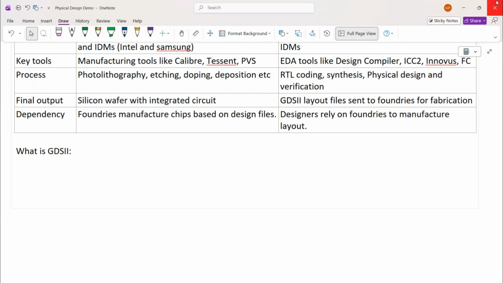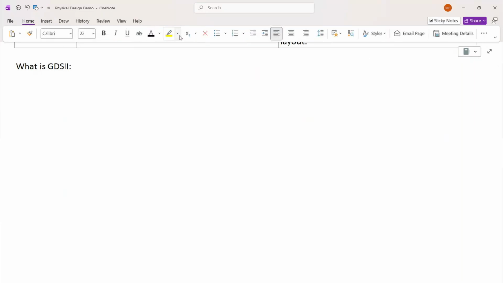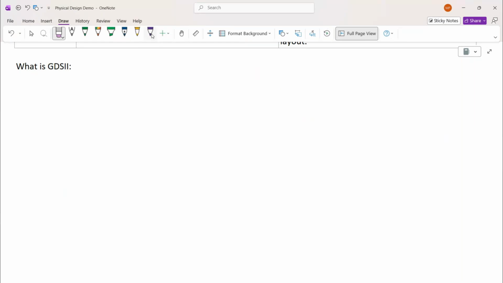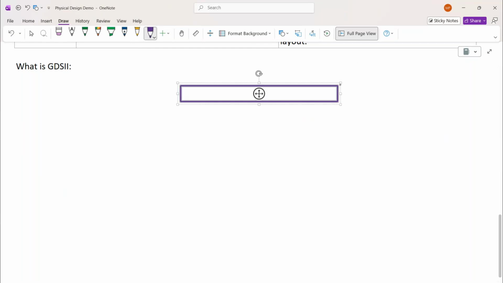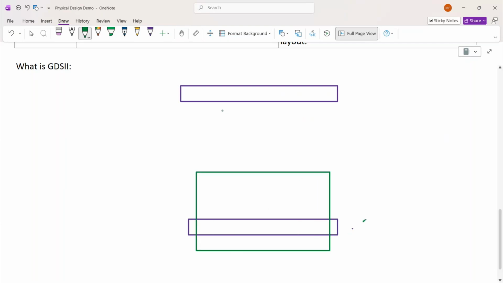In our CMOS, we created this structure like this. This is VDD, this will be my VSS, and we used to draw something like this, with some connection.